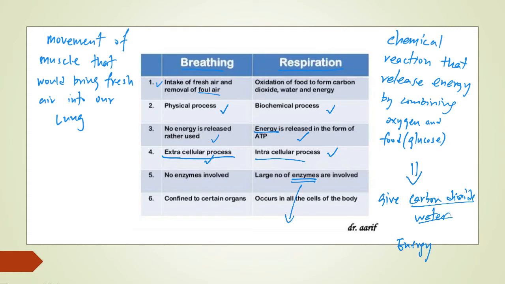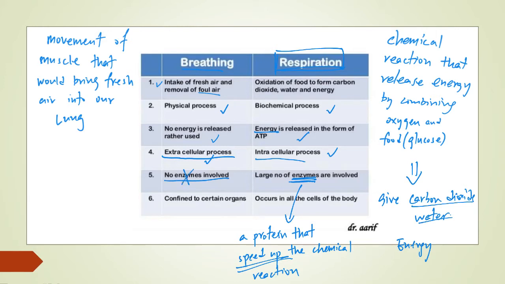Basically, an enzyme is a protein that can speed up chemical reactions. Otherwise the reaction of respiration might be too slow, so we need to speed it up, and to speed up we usually use enzymes. Breathing is not a chemical reaction, that's why we don't need enzymes.